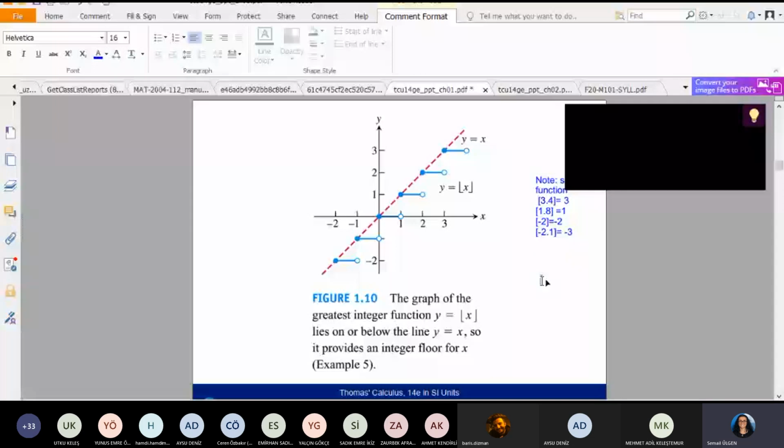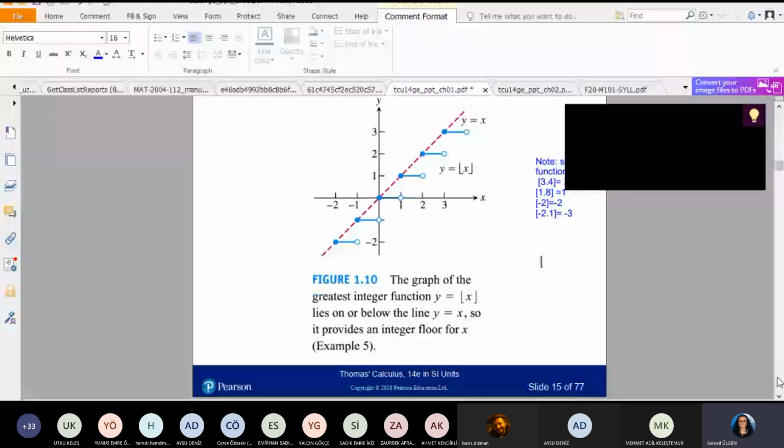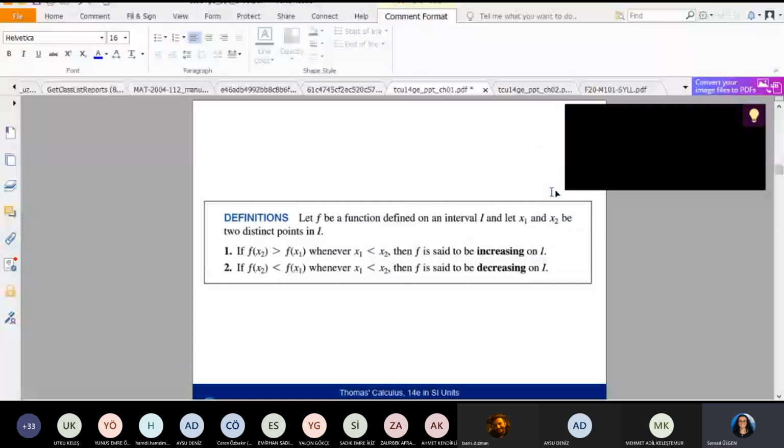Let's continue. We are just brainstorming right now, okay? These are the things maybe most of you know, but we are going to go over them and solve some problems on them later on. So we have some definitions. We are going to have a function f.